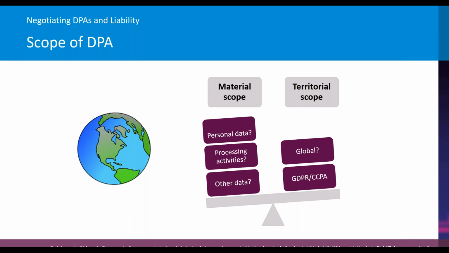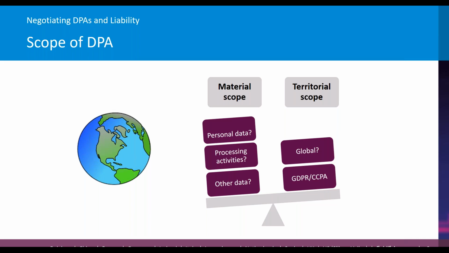Yeah. And then this other question of territorial scope is actually becoming an increasingly hot topic around data processing agreements, because of course the GDPR clearly sets out contracting requirements, but there are other GDPR-like laws emerging around the globe that also dictate what terms may need to be included in the contract.